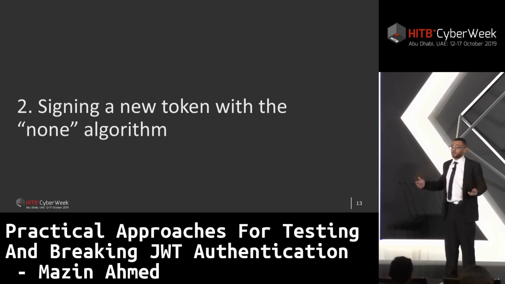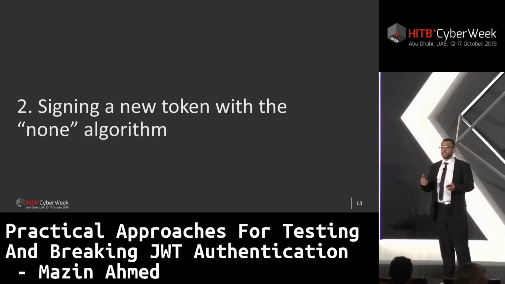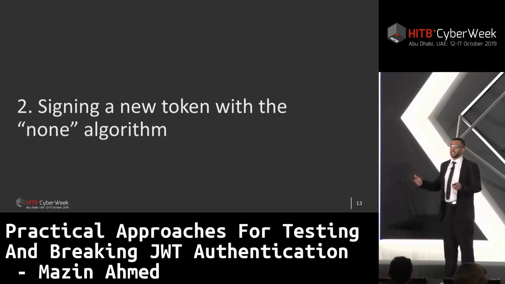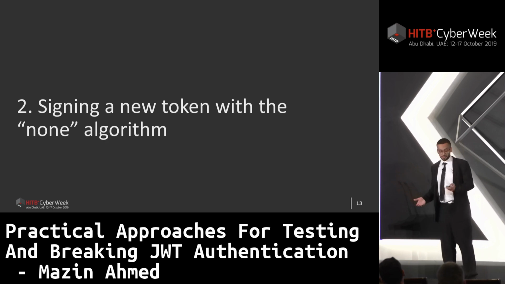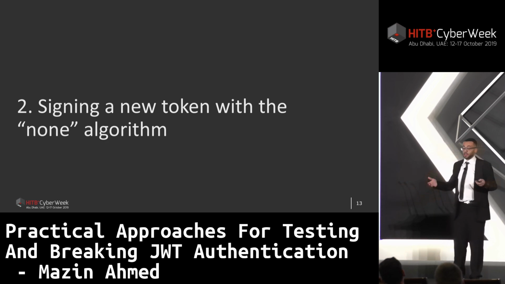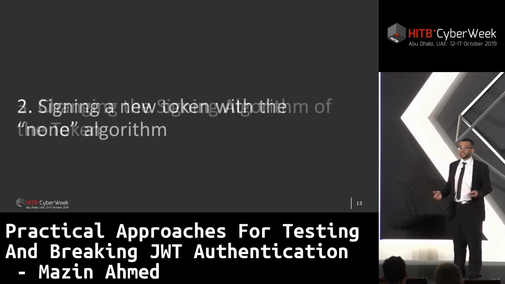But it's a valid one. If you provide this one to the server and it accepts it, then it means that you can issue arbitrary tokens, and you can use them to manipulate or compromise the authentication system. You can become anyone in that case.